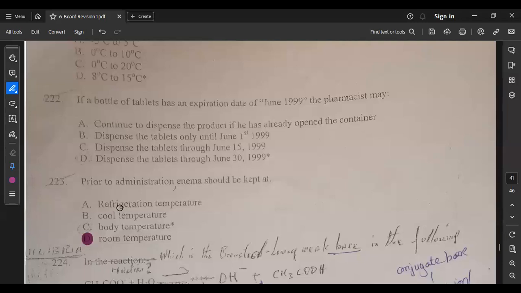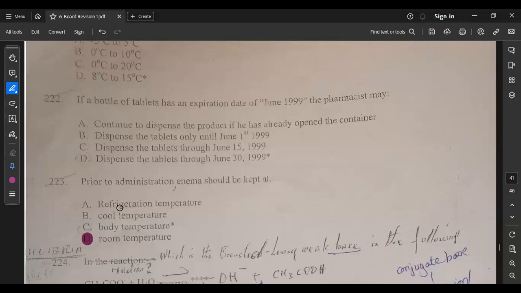Okay, in the group, someone has sent an explanation that it's stored at room temperature prior to administration. It's not storage, it's prior to administration. What we can say is, literally just before the patient is given, you tell them to warm it a bit.